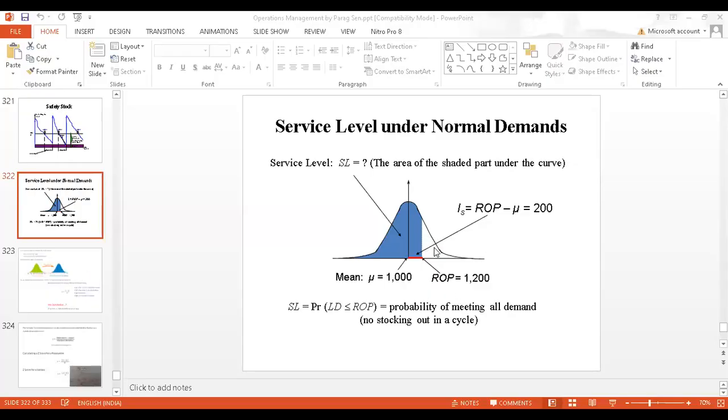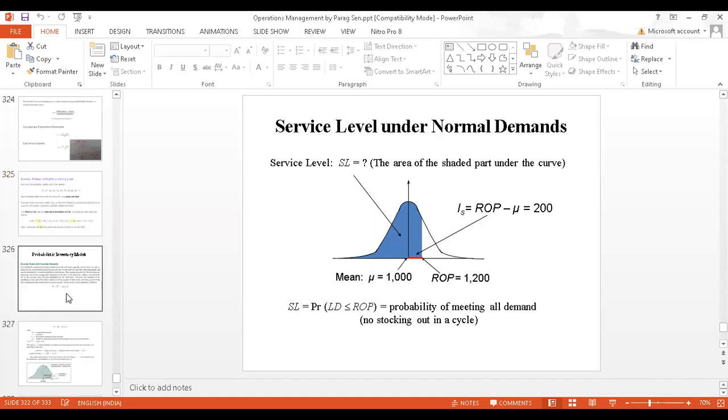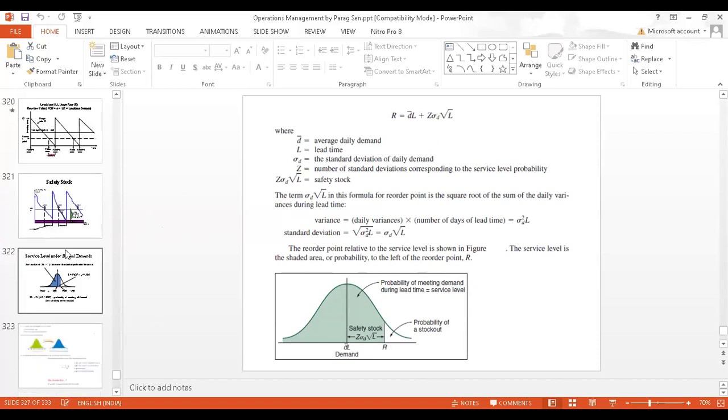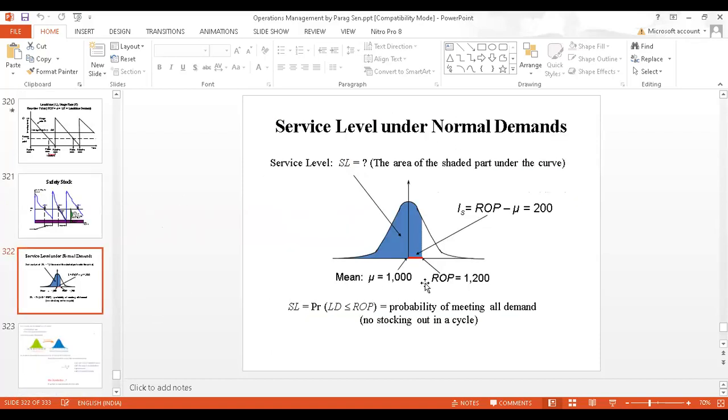So here, when you are considering Z into standard deviation, it is equal to the reorder point minus mu. Reorder point means that it includes mu plus safety stock.